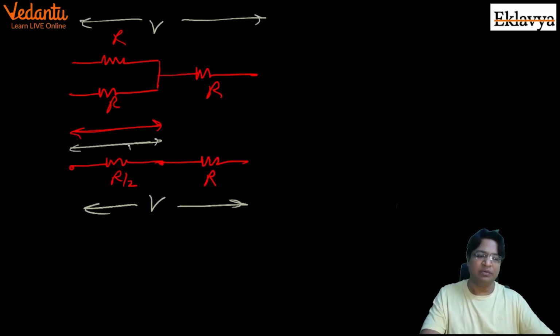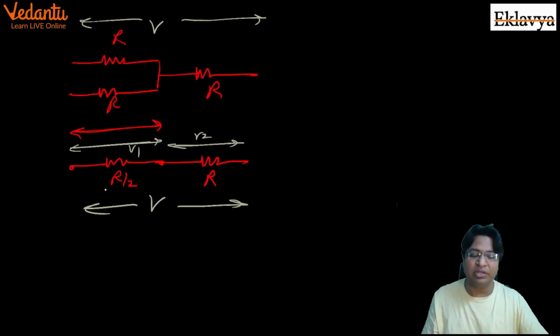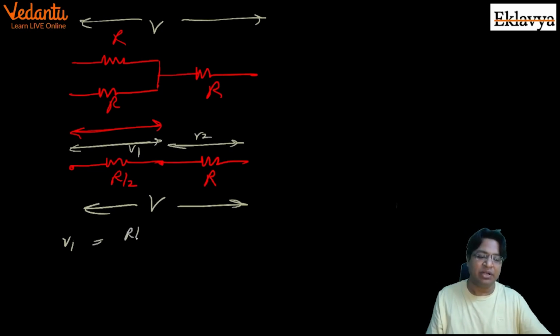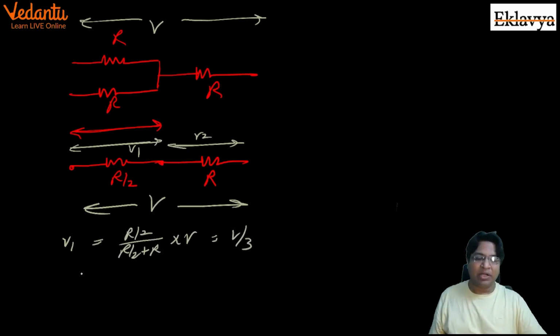Let's say this one would be V1 and this one would be V2. Because they are connected in series, voltage will get distributed in the direct proportion of resistance, which means V1 can be written as R by 2 upon R by 2 plus R into V. So that would be V by 3, and V2 would be equal to 2V by 3.